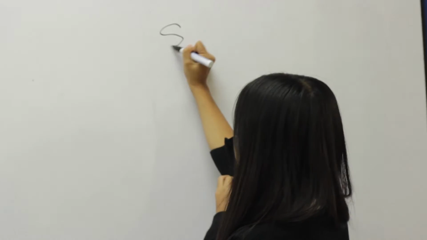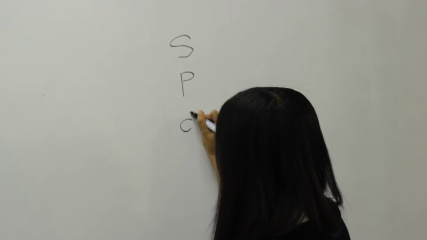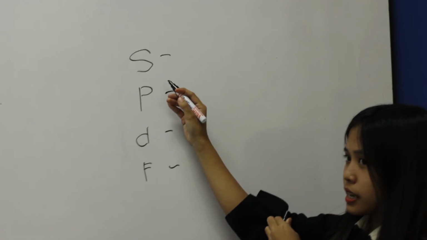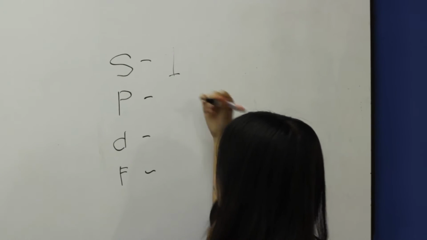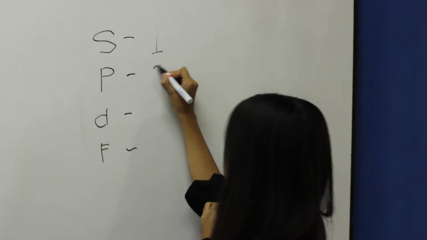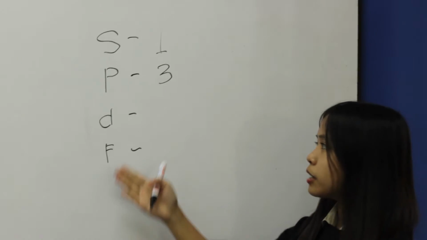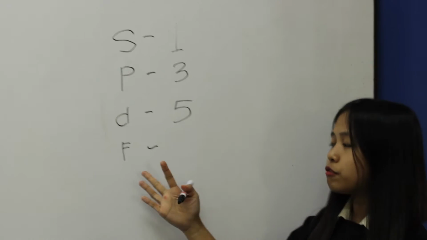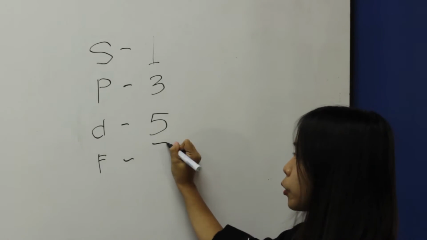So, in writing an orbital diagram, we must remember the equivalent of orbital or box in each sublevel: S, P, D, F. The sublevel S is equal to 1 box or orbital. The sublevel P is equal to 3 boxes or orbitals. The sublevel D is equal to 5 orbitals or boxes. And the sublevel F is equal to 7 orbitals or boxes.